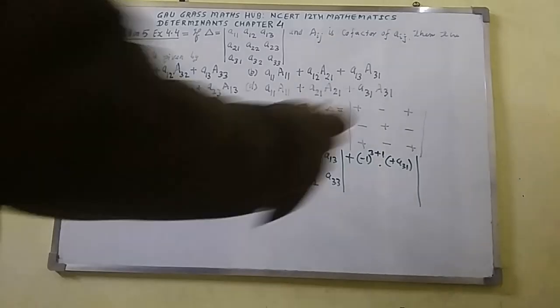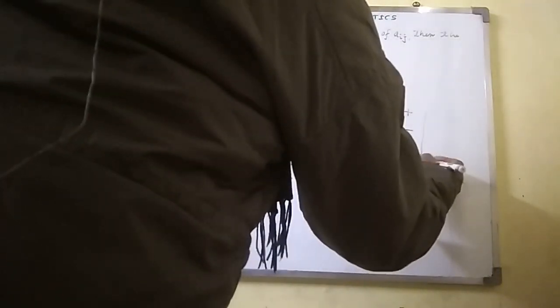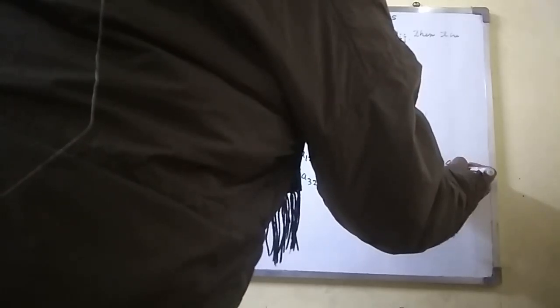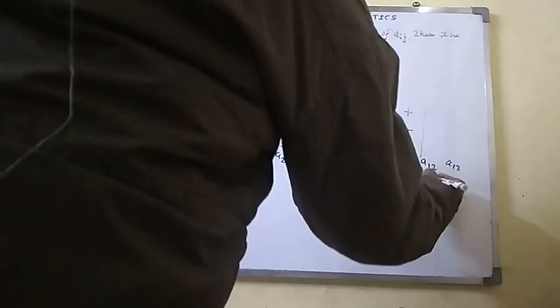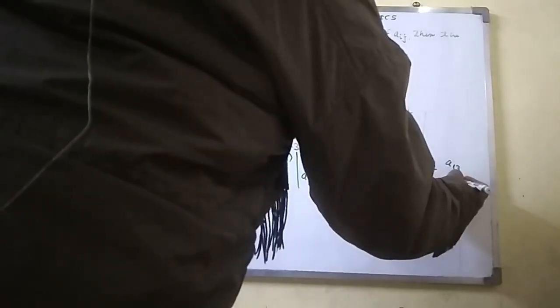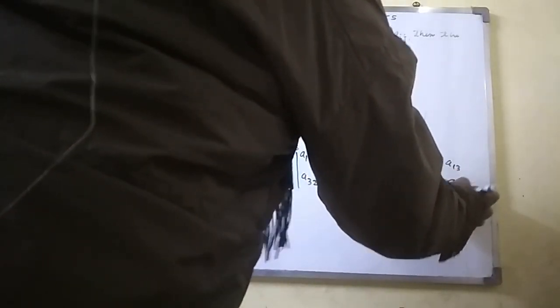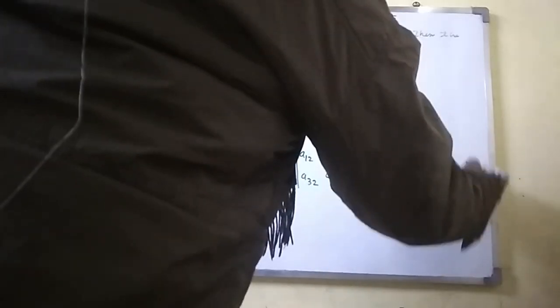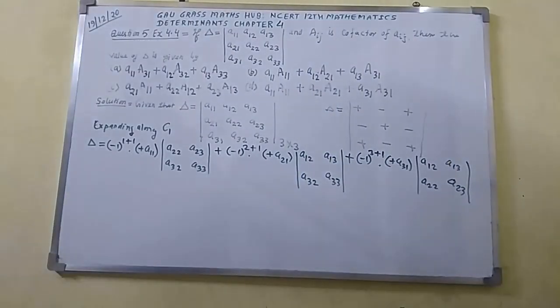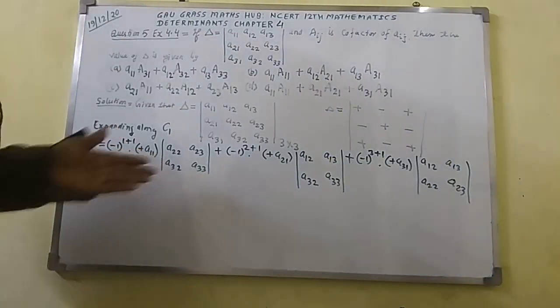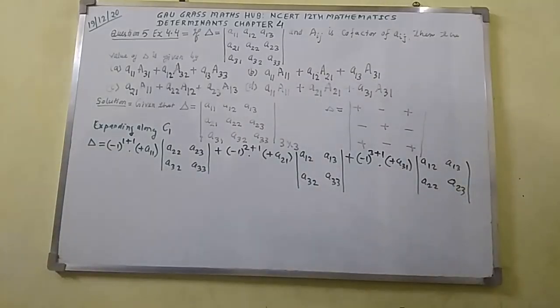The minor of a31 will be a12, a13, a22, a23. This you will get. So here I have expanded this delta along C1.